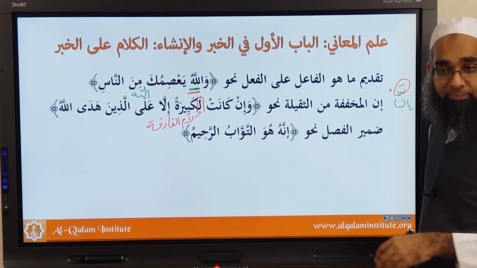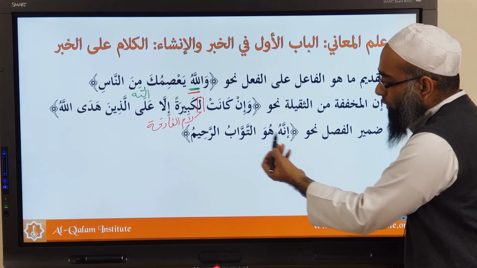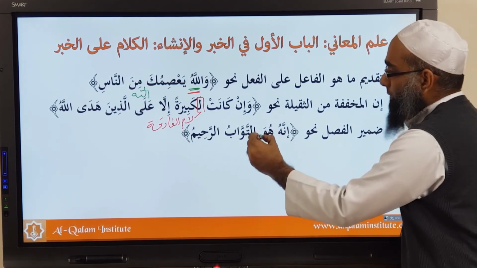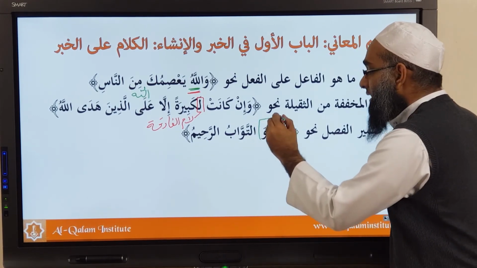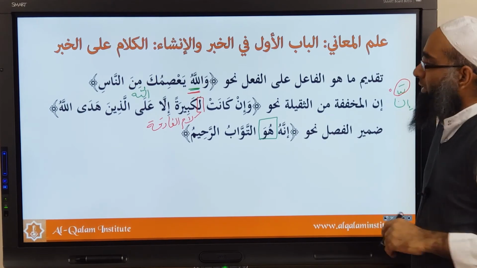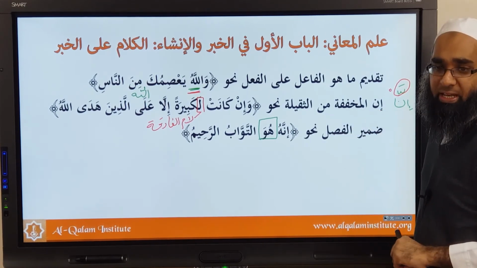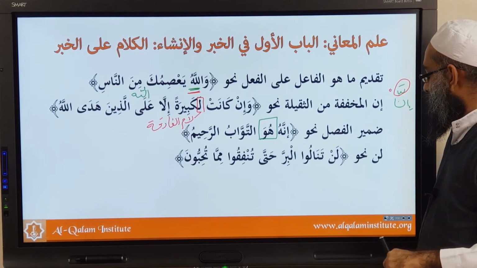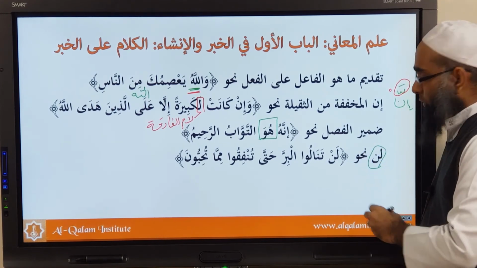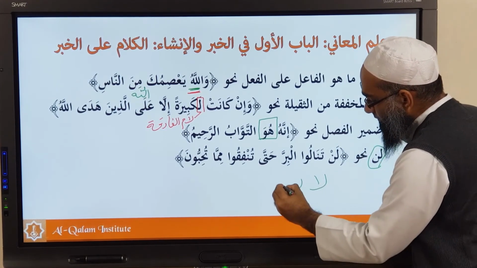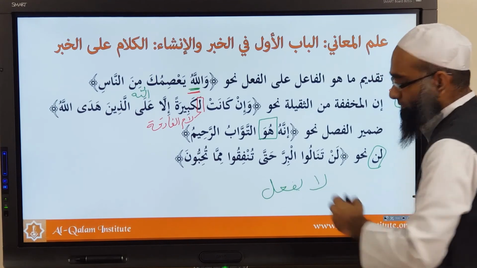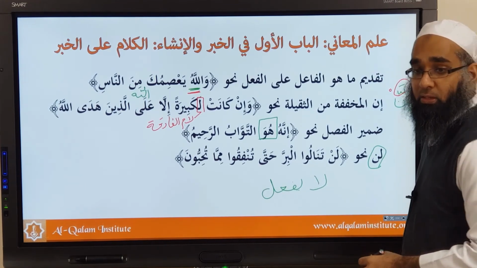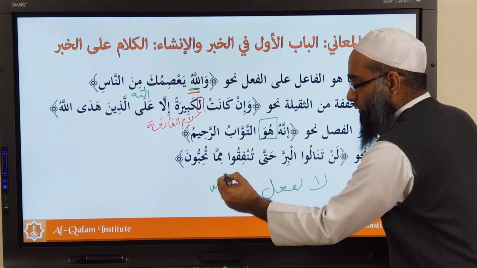Zamir al-fasl. You have innahu at-tawwabur rahim. But what do you bring for emphasis here? Innahu huwa at-tawwabur rahim. The zamir al-fasl also creates emphasis. Lan also creates emphasis, because if you say la yaf'alu, it means he will not do.